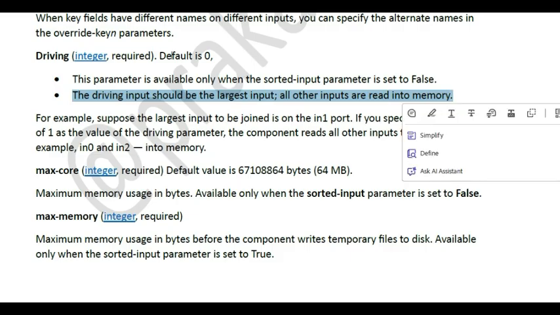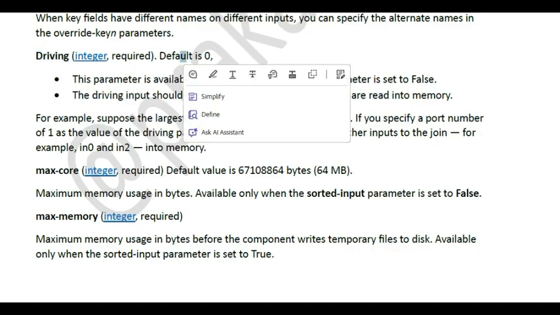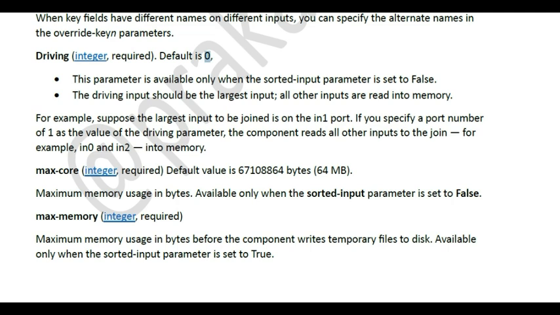Suppose you have 5 input flows and the 5th input flow has a huge volume of data, then you can specify 5 here. It means your 5th input will be taken with least precedence, and the others, 1, 2, 3, 4, will go to your max core.